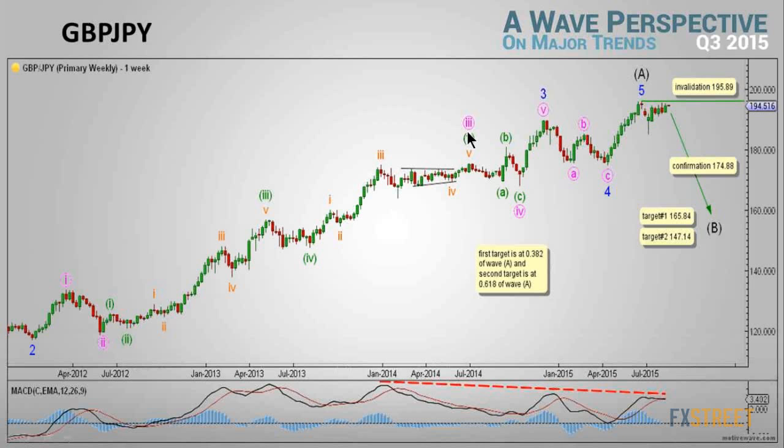An important point here is that the rule of alternation between wave 2 and 4 pink was present, with wave 2 pink unfolding as a sharp zigzag toward the downside, while wave 4 pink unfolded as an expanded flat correction. After the completion of wave 3 blue, wave 4 blue unfolded as a zigzag correction labeled waves A, B, and C pink, and wave 5 blue followed toward the upside, completing wave A black.